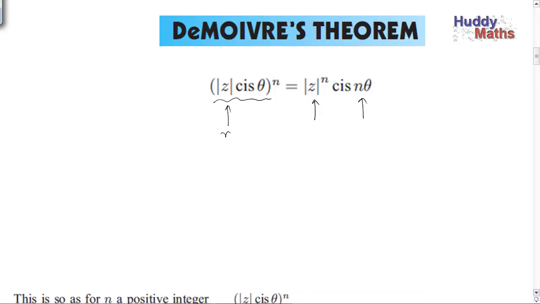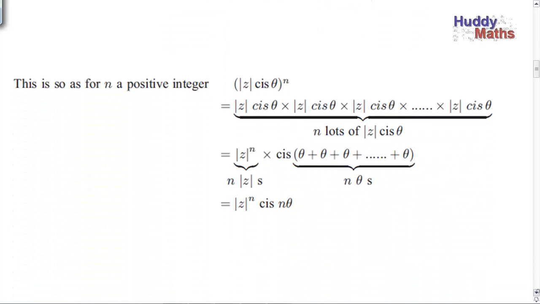Can we sort of generalise that a bit? Let's have a look here. So for any positive integer n, and some screen clippings this time coming from Hayes and Harris publications. What does it mean? Well, it means n lots of these all laid out. Here we are, n lots of mod z cis theta, or r cis theta.